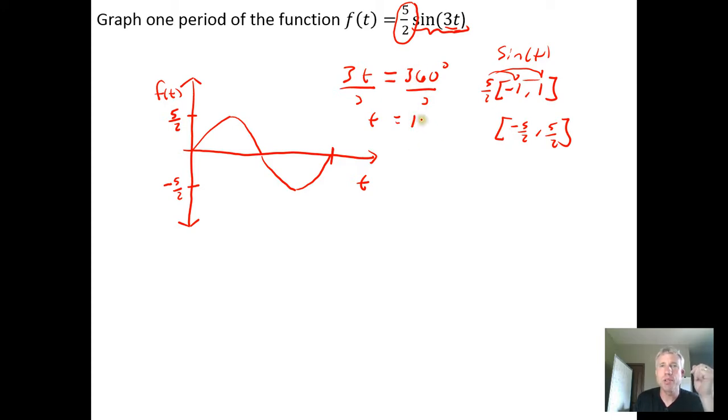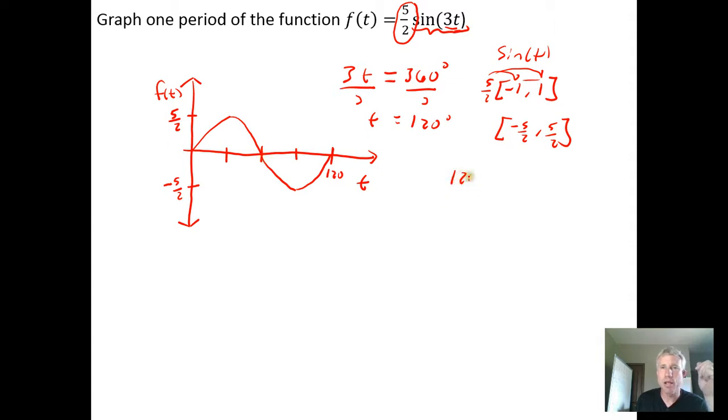So 3 goes in here 120 times. So when t is 120 degrees, we plug 120 degrees in, we get 360, which is one full revolution around the unit circle. So this tick mark is going to be 120 degrees, or just 120. And then we recognize that the one period of the sine function is broken into fourths.